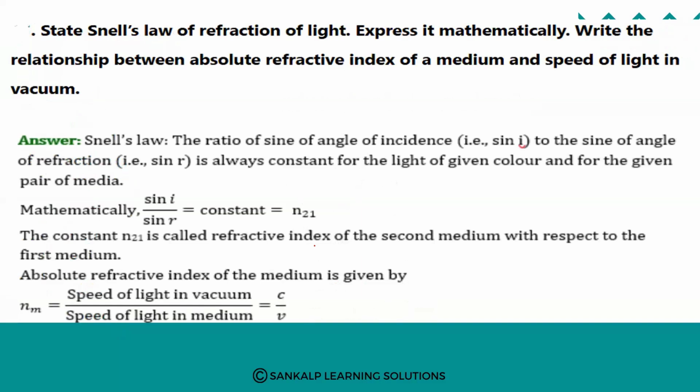Next question. State Snell's law of refraction of light. Express it mathematically. Write the relationship between absolute refractive index of a medium and speed of light in the vacuum. So Snell's law. The statement of Snell's law is the ratio of the sine of angle of incidence to the sine of angle of refraction is always constant.